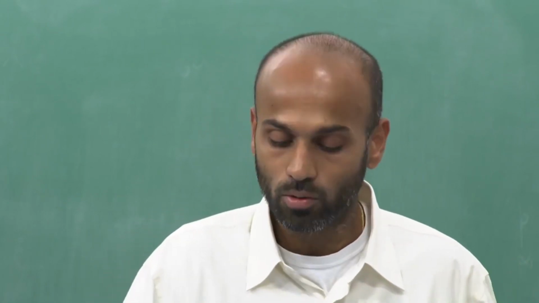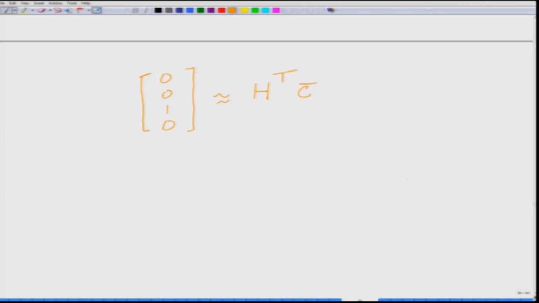If I denote this vector by 1 bar of 2, this has a 1 in the second position.